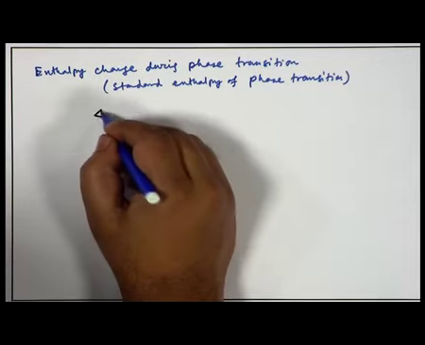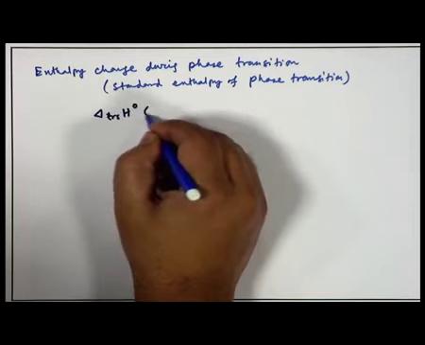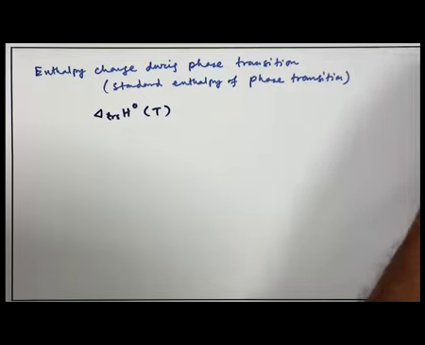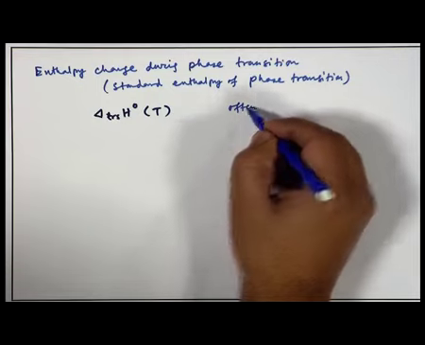And the symbol is, obviously, always associated with a particular temperature. This is often called latent heat.